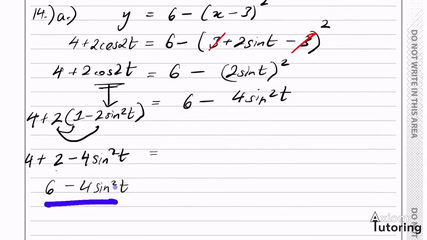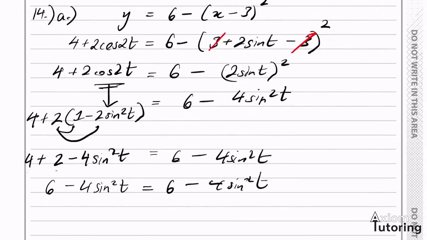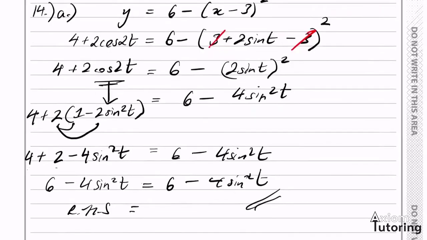And immediately we can see that's exactly what we have on the right-hand side. So you can rewrite it. And we can see the left-hand side, you can just write a statement acknowledging that the left-hand side is equal to the right-hand side.